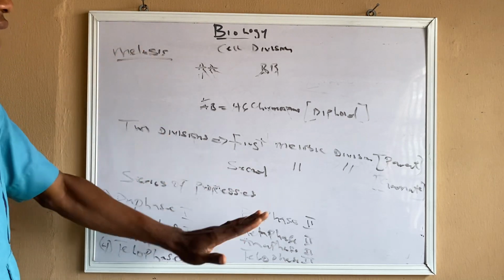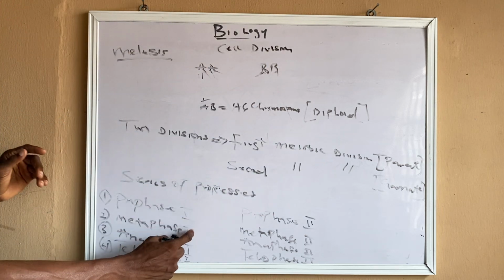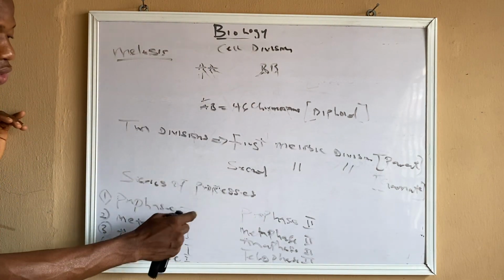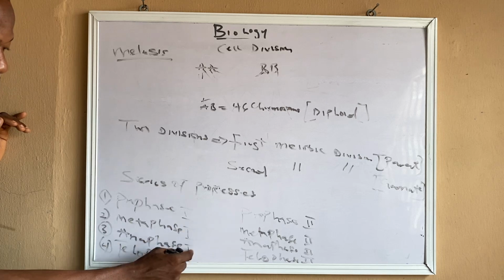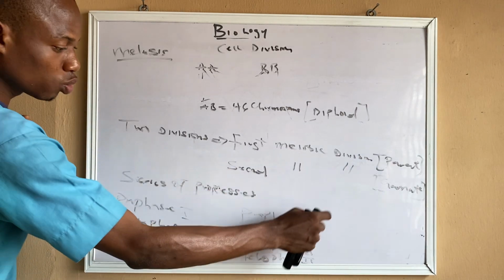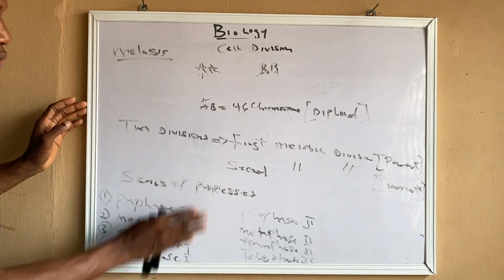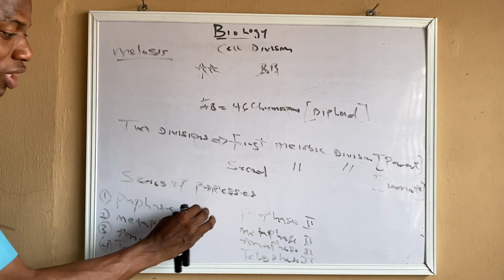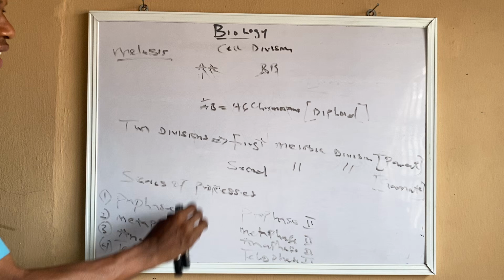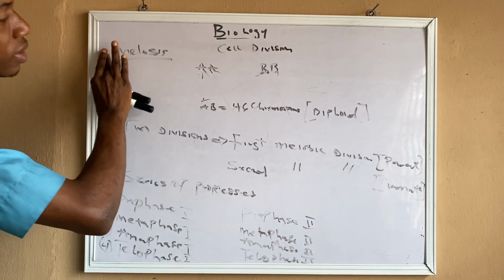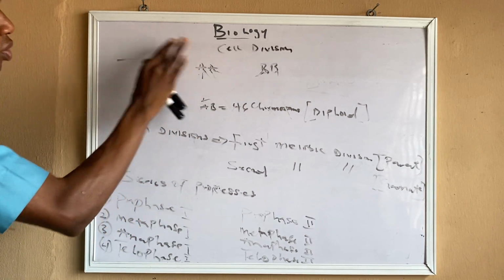What is now the difference between each of these series of stages? Prophase 1, Metaphase 1, Anaphase 1, Telophase 1, Prophase 2, Metaphase 2, Anaphase 2, and Telophase 2. What is now the difference between them? Let's discuss about the work. Each functions in the process of meiotic division or meiosis.